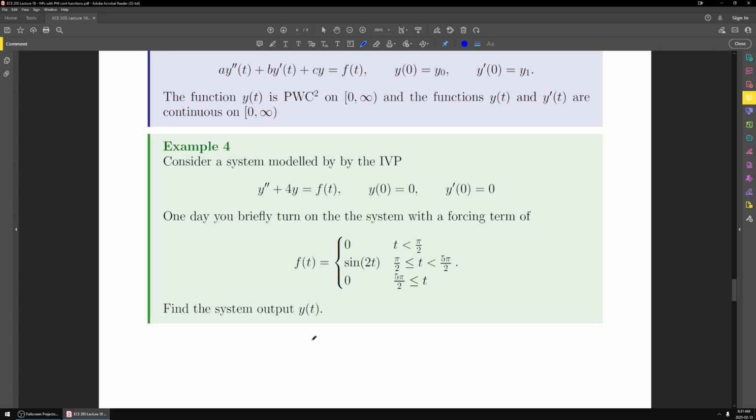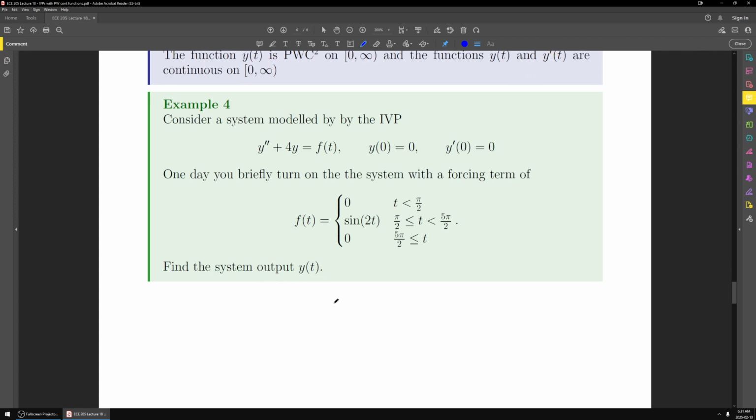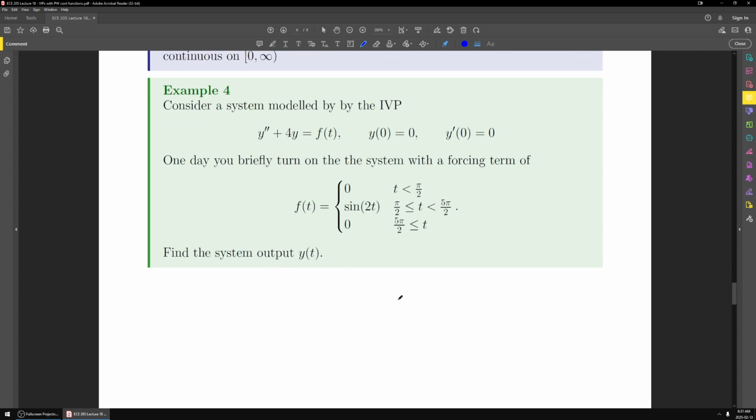So here, all I want to do is find the system output. We haven't dealt with these types of things before, but we have a nice little Laplace table that tells us how to take Laplace transforms of Heaviside functions. So we can just simply use that. I want to write f of t as a sum of Heaviside functions.